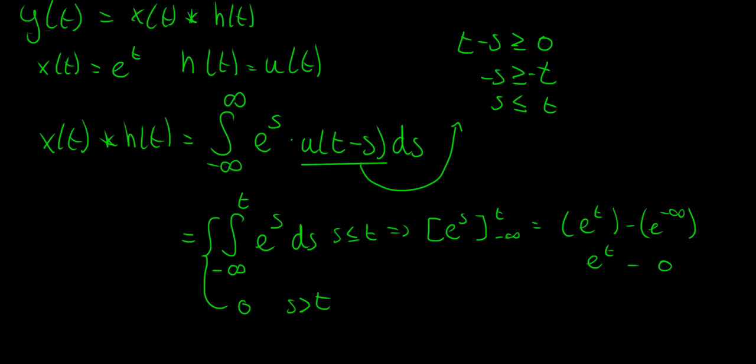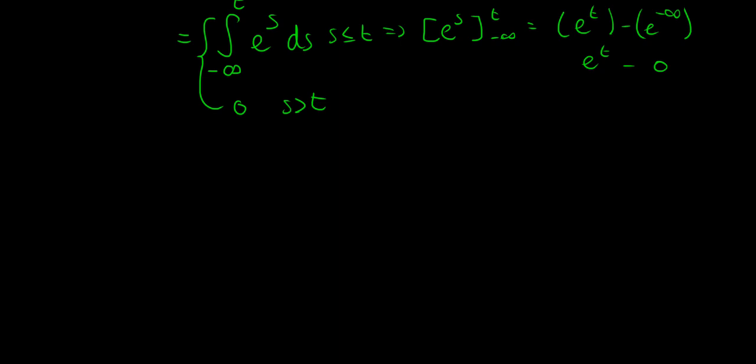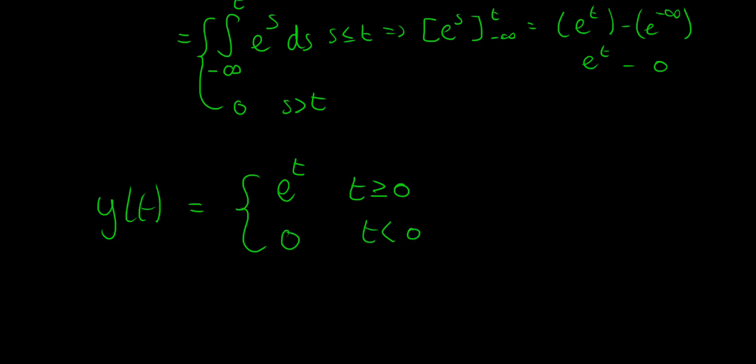So, because we have these cases, let's write these cases again. What is the output of my y function? Because this is x convoluted with h. We get e to the power of t if t is bigger or equal than 0, and 0 if t is smaller than 0.